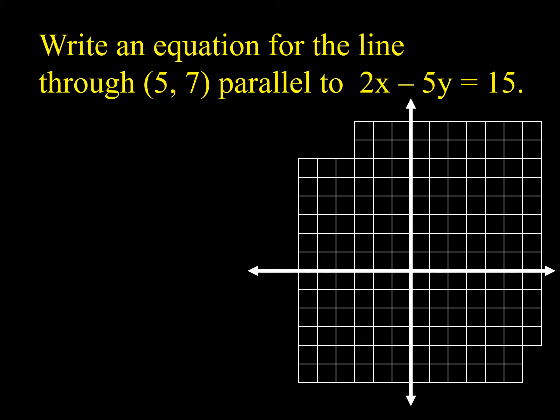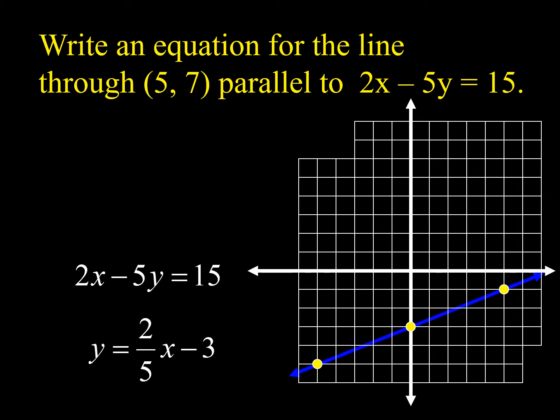Now, let us take a look using the graph if they are really parallel. So, the first thing we are going to do is to graph y is equal to 2 over 5x minus 3. So we have this graph for y is equal to 2 over 5x minus 3, or 2x minus 5y is equal to 15, okay?